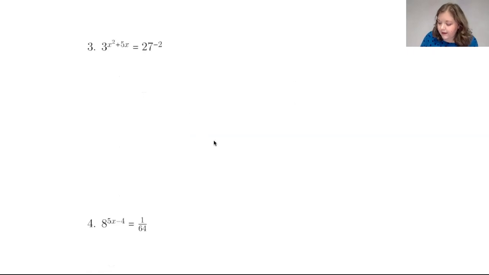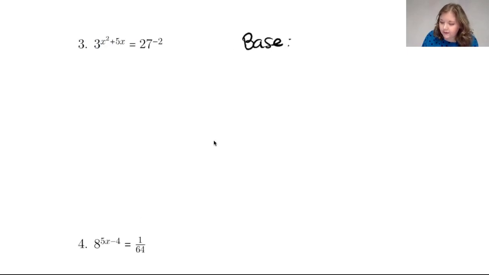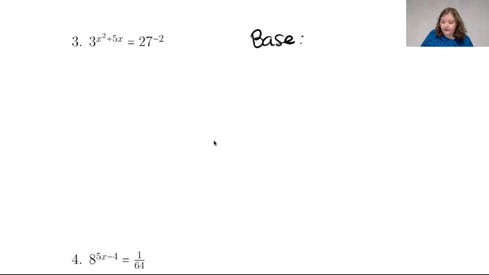So we already have an exponential term by itself. So this 3 to the x squared plus 5x is by itself. We don't have anything else added to it. And so let's try to write both sides to the same base. Here on our left side, we have 3 to a power. Here on the right side, we have 27 to a power.